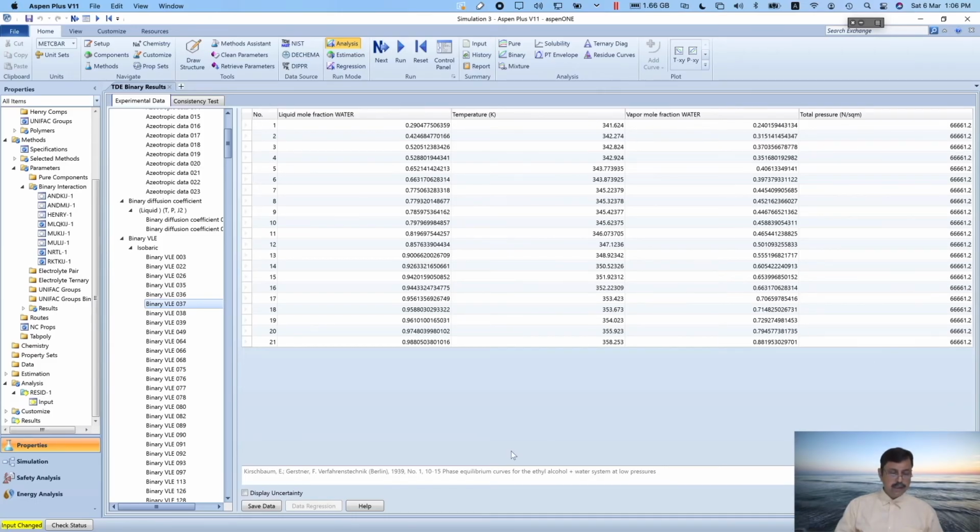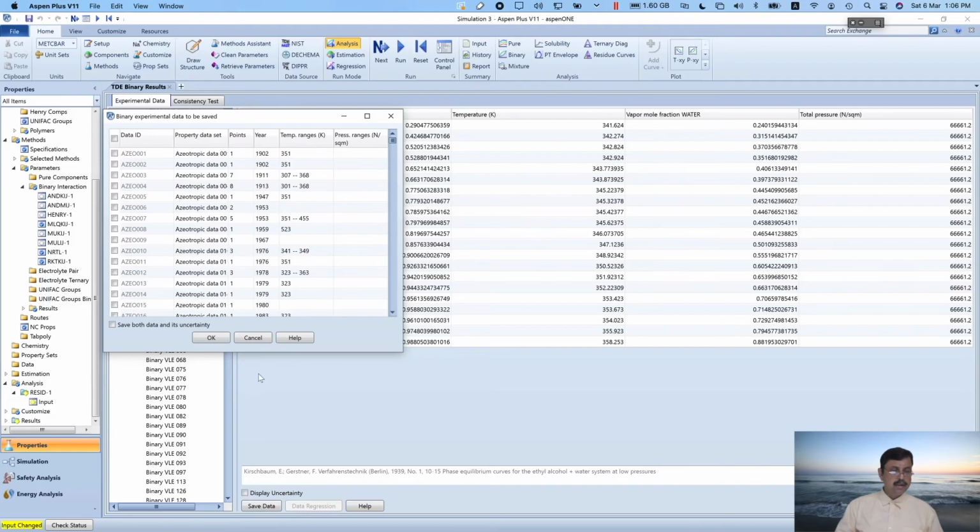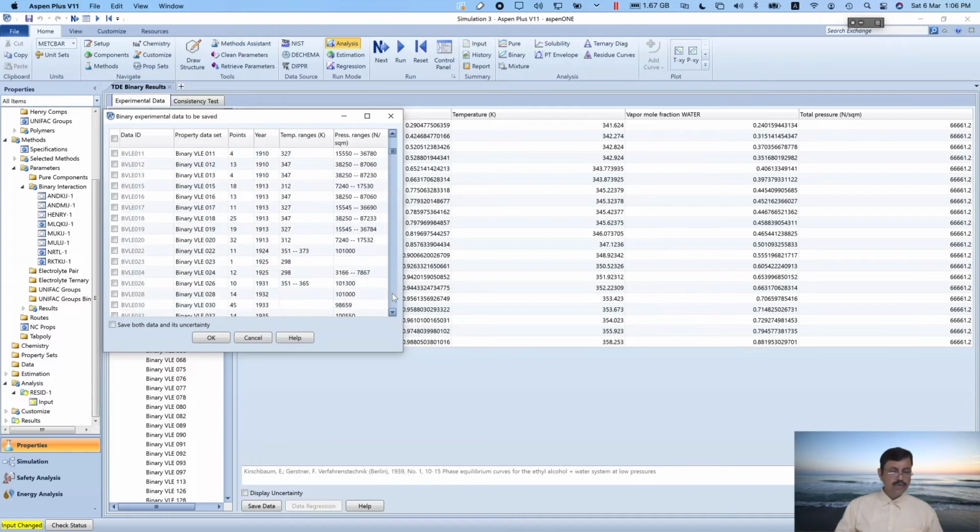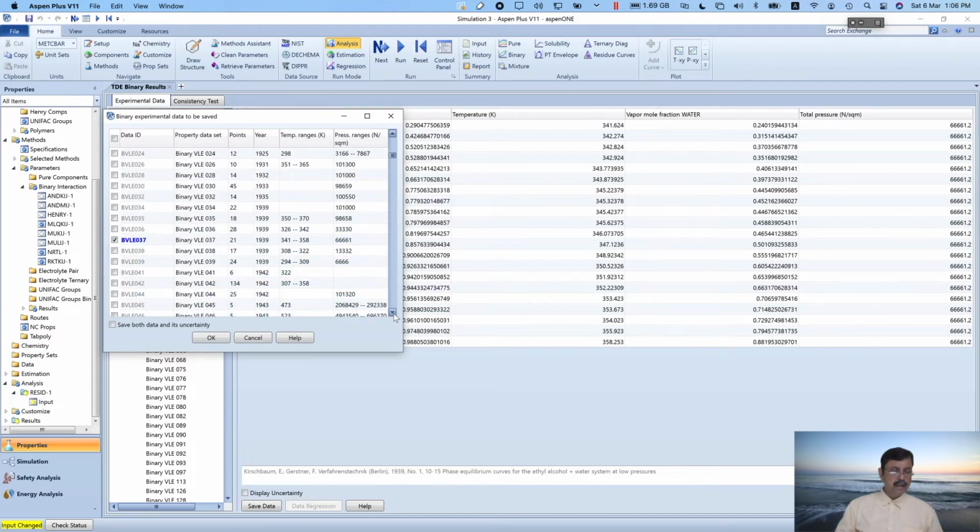Okay, so here you have to say save data, and here you have to choose VLE 37 and VLE 49.